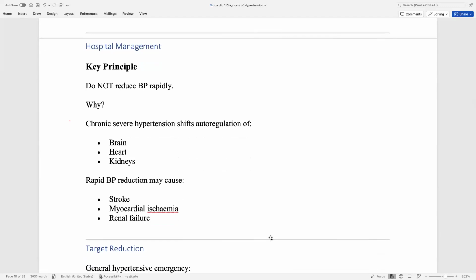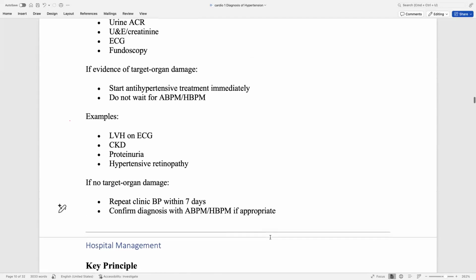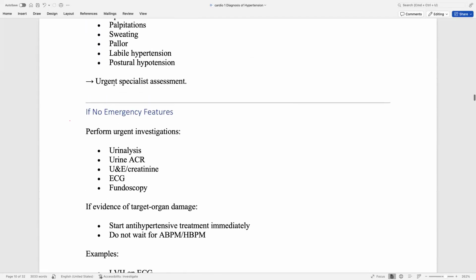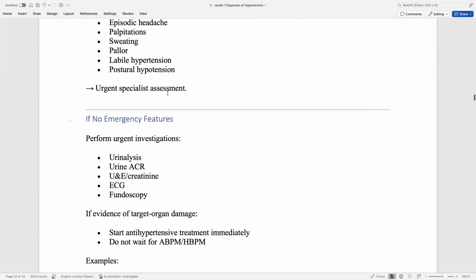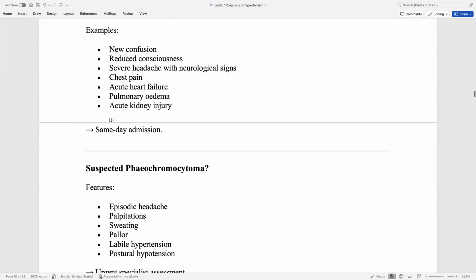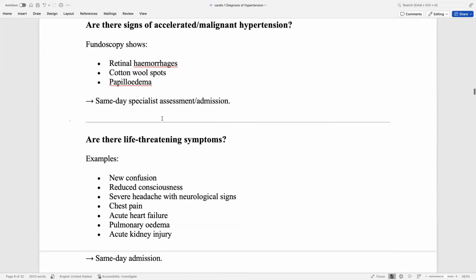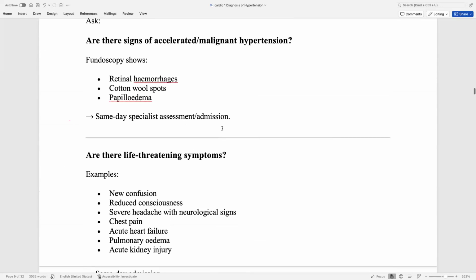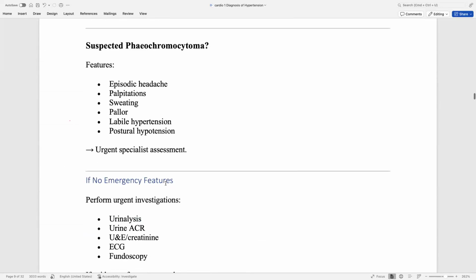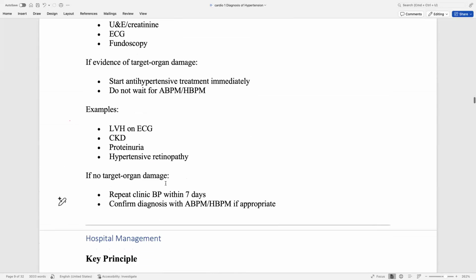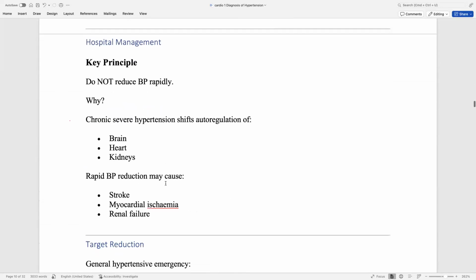Okay, if you are in the hospital and they send the patient to you, we said here we will refer urgently, same day admission, same day specialist. So if you are the specialist, or the patient asks you, Doctor, you are sending me to the specialist, what will he do for me?